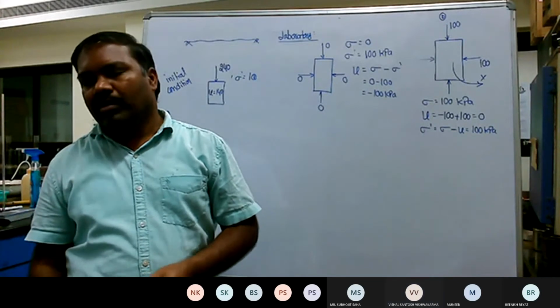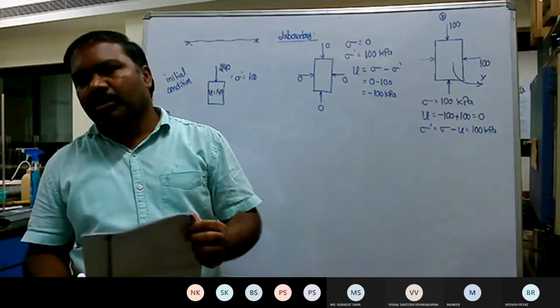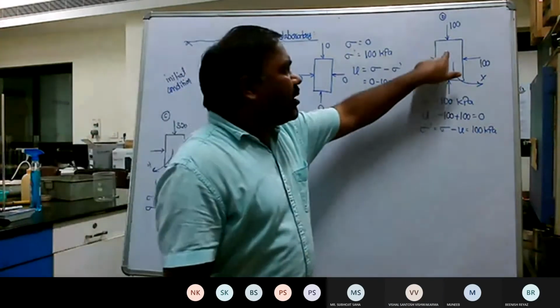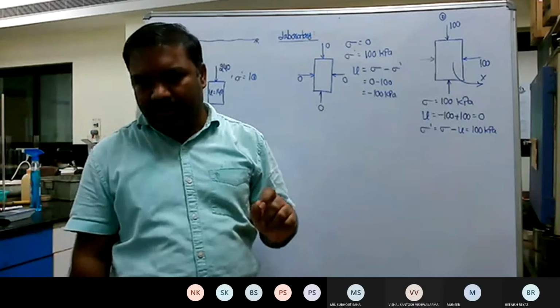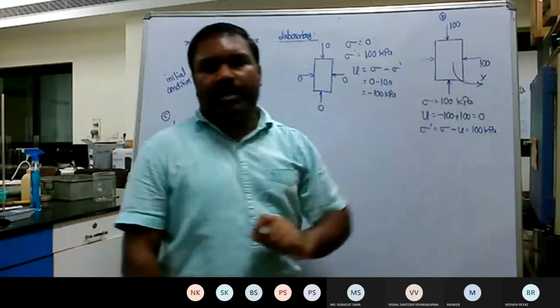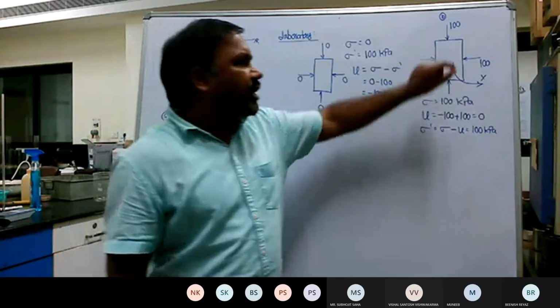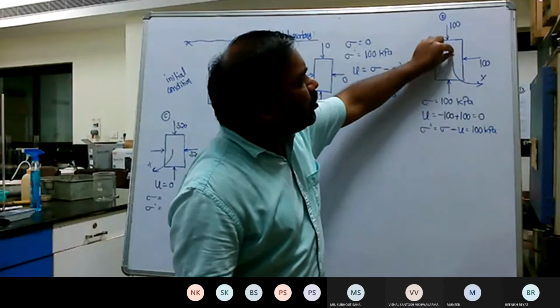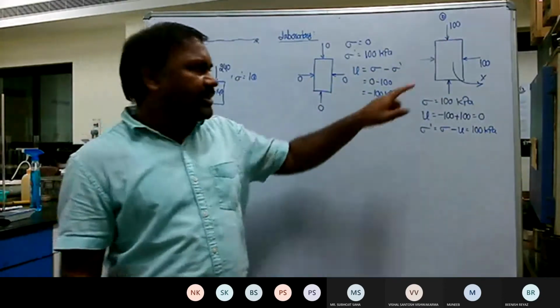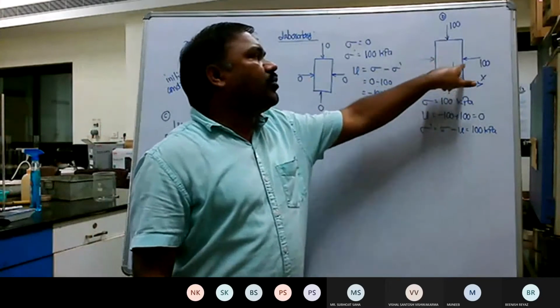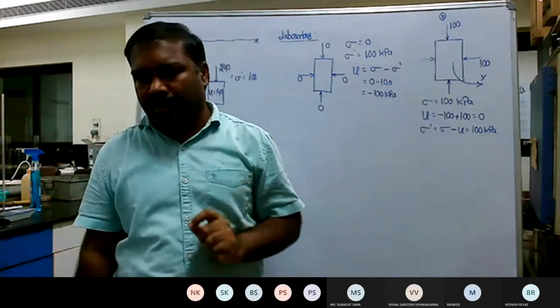How? It's not converted. See, there is already an internal pressure of 100 kilopascals, but externally you are applying 100 kilopascals. So the internal pressure will try to compensate the external pressure, meaning the entire load is borne by the water only.